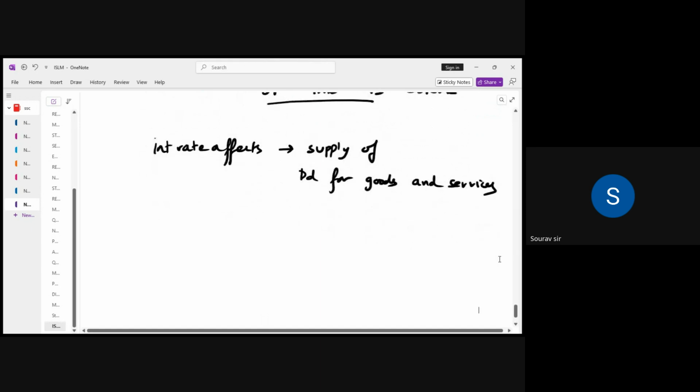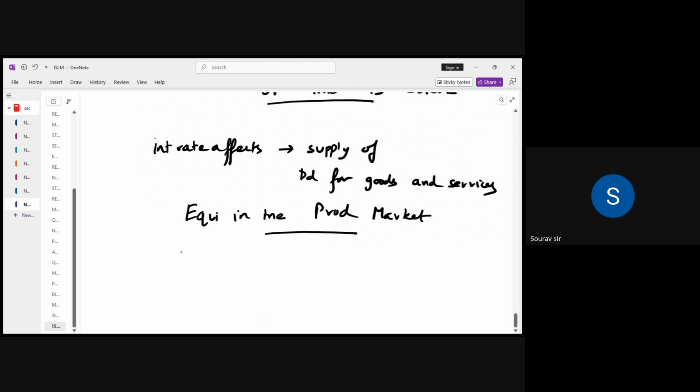So how do we get the equilibrium? Equilibrium in the product market. The market for goods and services will be in equilibrium when Y is equal to C plus I plus G. What is C?